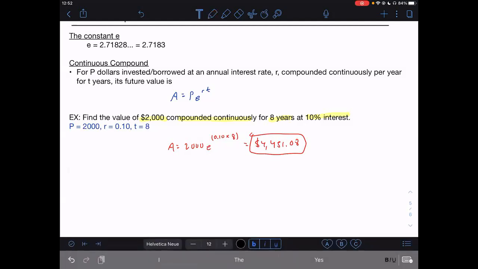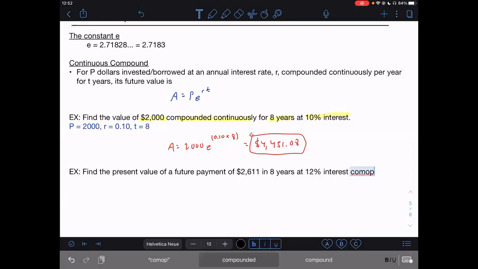Let's do one more example, slightly different. Not exactly the same as the previous one, but let's suppose for this next example, we want to find the present value of a future payment of, say, $2,611 in 8 years at 12% interest, compounded continuously.